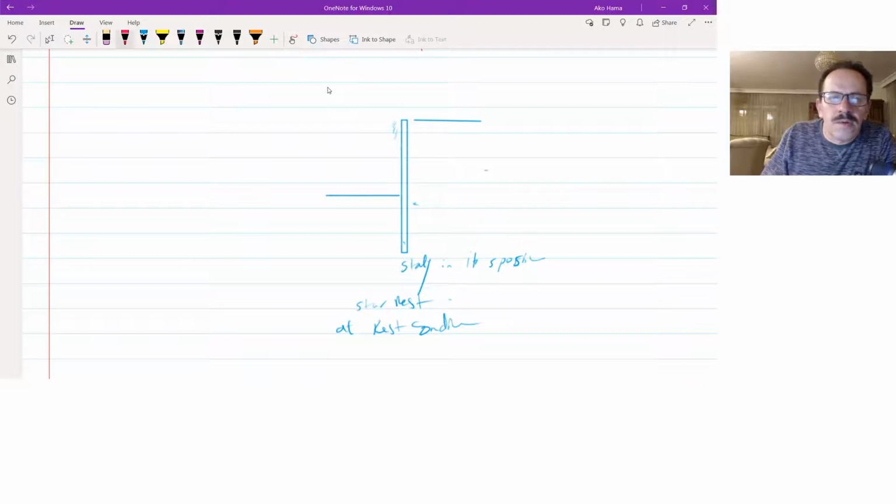Now I want to see what the pressure will be, for example, here. This is the natural ground level, and this is the sheet pile, and this is also the natural ground level here and there. Let me say this is A and B.